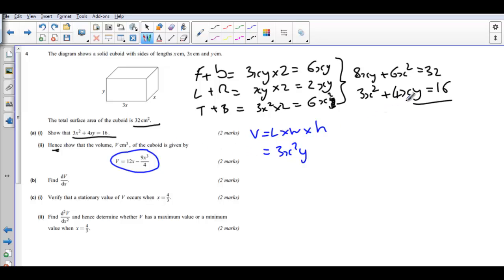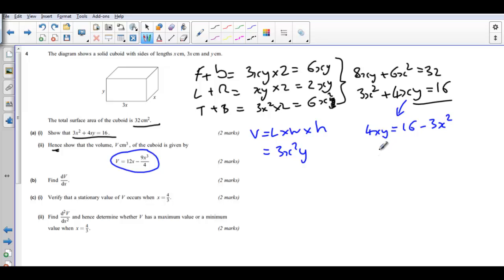Hence, using what we already know, can we rewrite this whole thing in terms of y? Yes, we can. Just by moving the 3x squared over, we've got 4xy is equal to 16 minus 3x squared.